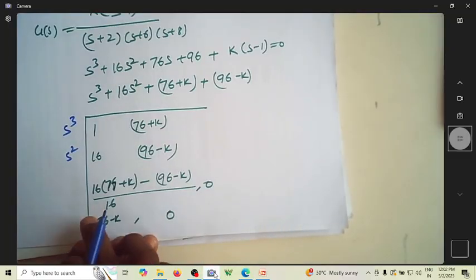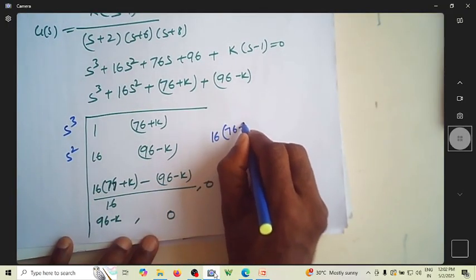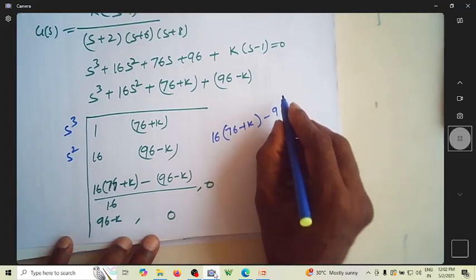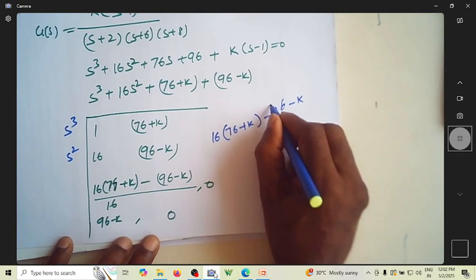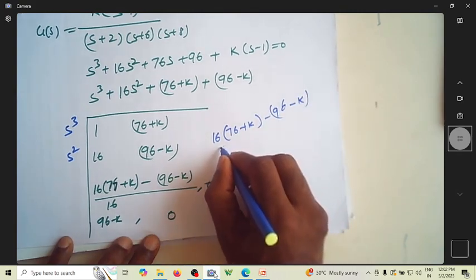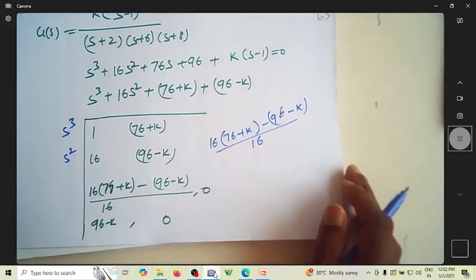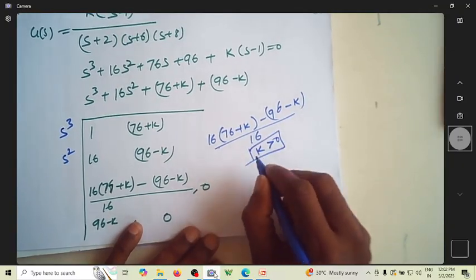Now what do you have? You have 16 into (76 plus k) minus (96 minus k), by 16. Can this value become negative for k values greater than 0?